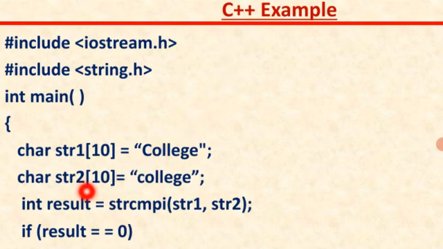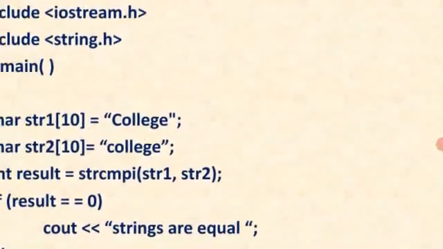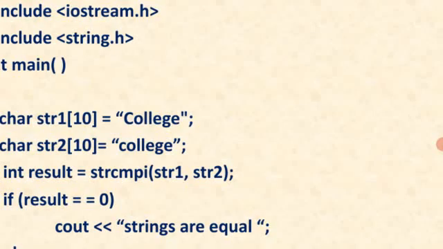I have taken one variable. The name of the variable is result. It is of type integer. result is equal to, I have used the function string compare ignore. We are going to use here string 1 and string 2. As per the syntax, we are comparing the two strings, str1 and str2, which I have already declared earlier.